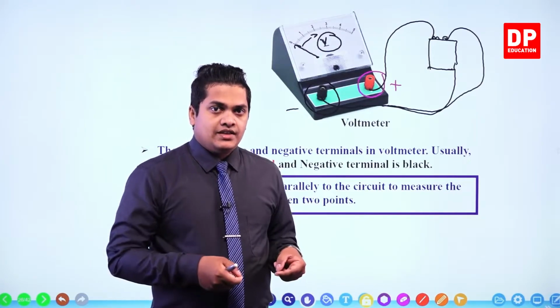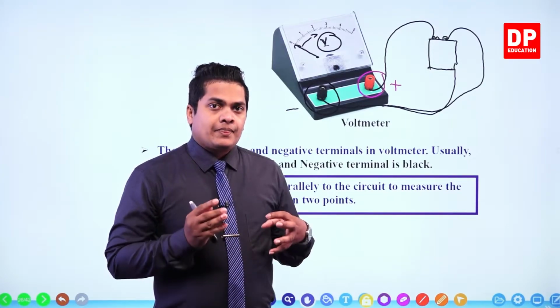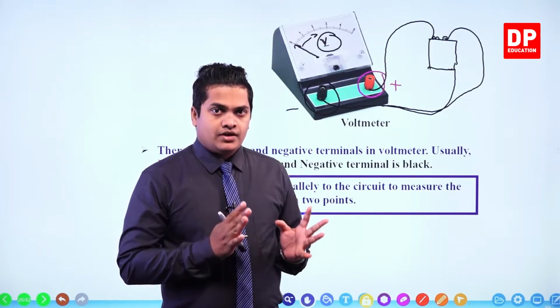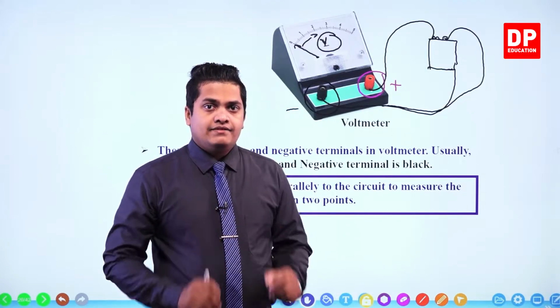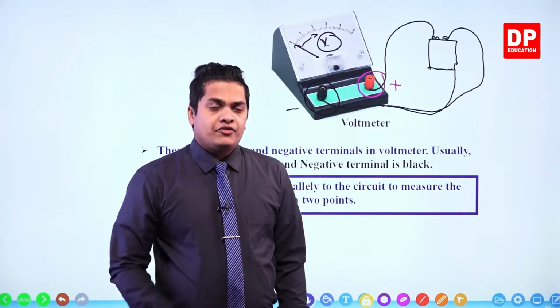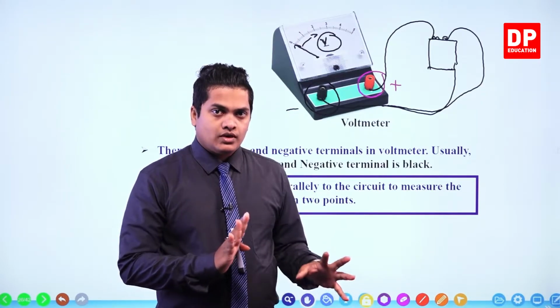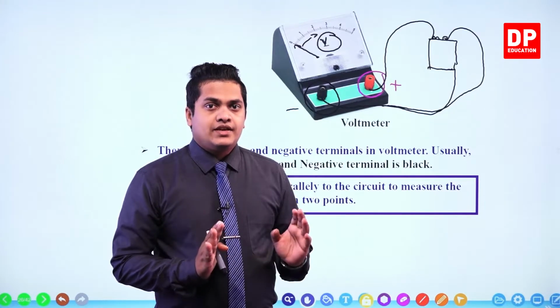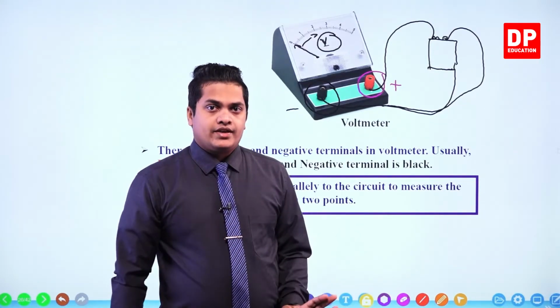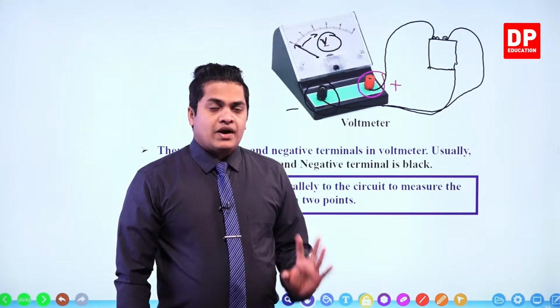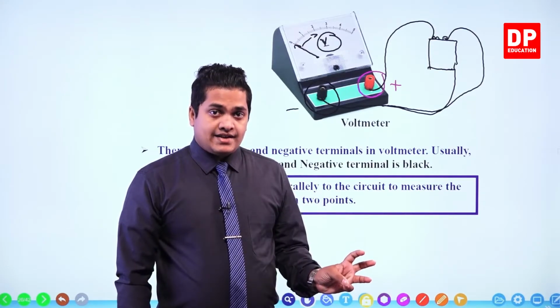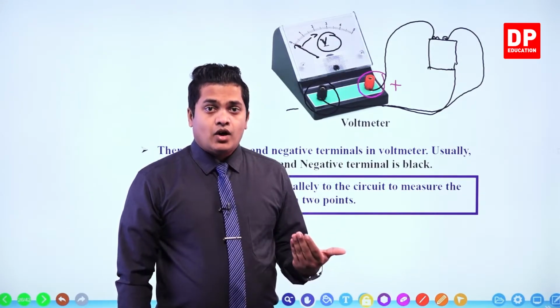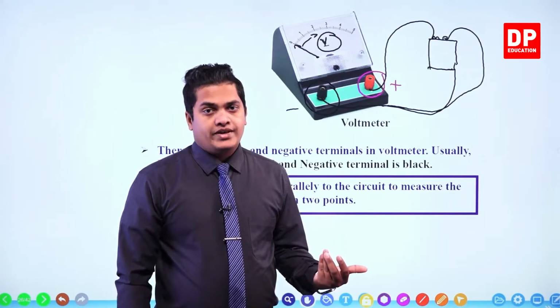When you are plugging in the voltmeter, be careful about the positive and the negative terminals, right? You have to fix it very correctly, otherwise the reading will go to the other side. If you connect it that way, we can't get a clear observation or a clear reading.